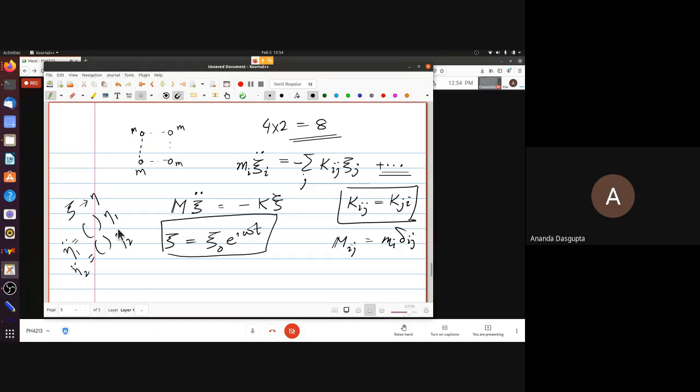All that is already put in when you make this ansatz. This ansatz is not arbitrary. You cannot just start by saying, okay, let's assume this and hence I get a solution. The physical meaning behind this ansatz is you can decouple the oscillators and you can have individual oscillator-like behavior. I'm pretty sure you all knew this, right?